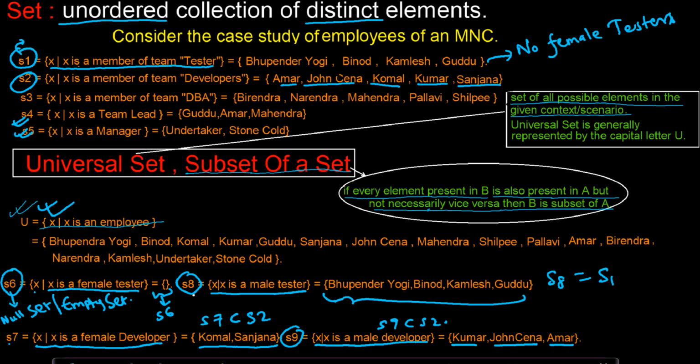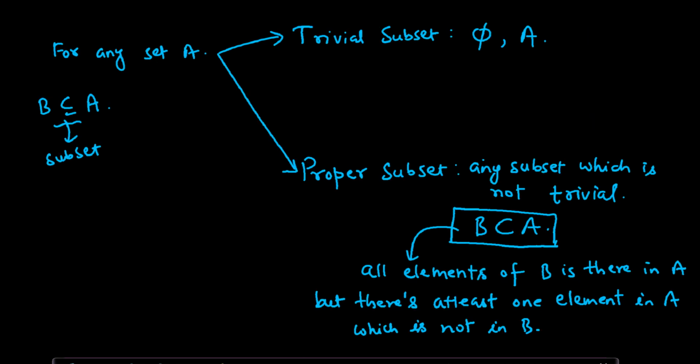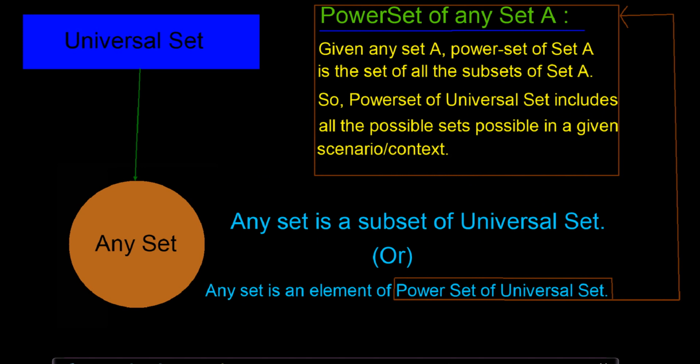Or you can think about it this way: there is a domain. From that domain only you are going to get members. And the universal set is the set of that domain. So every other set is a subset of the universal set. That is what is here. Okay. So this is a universal set.